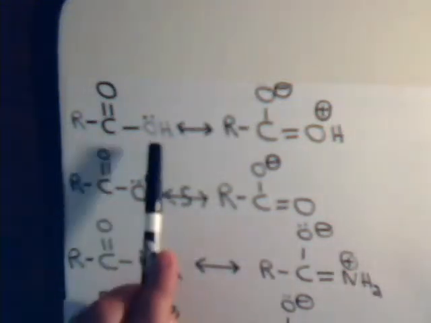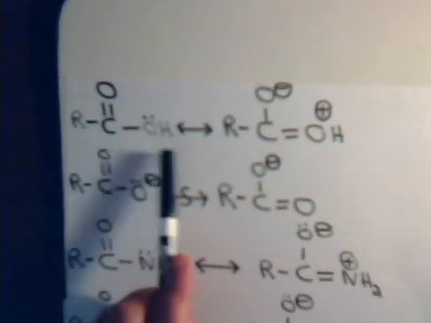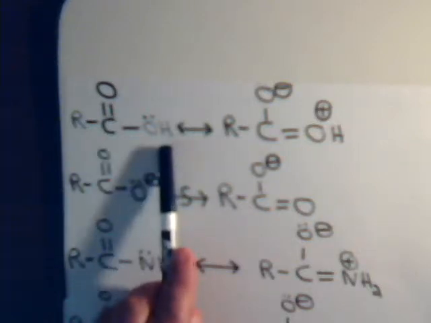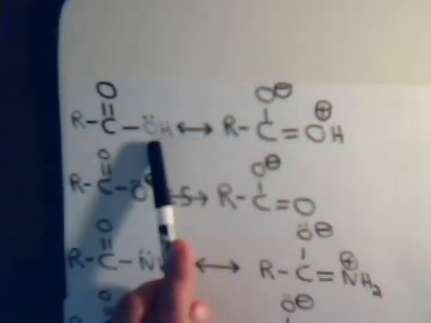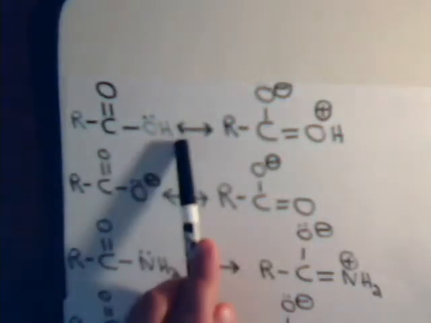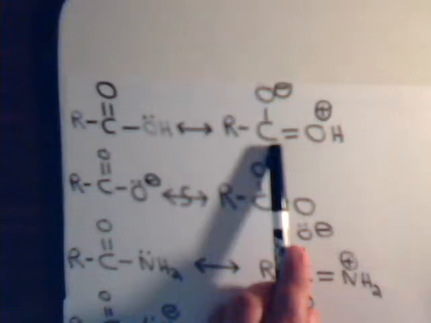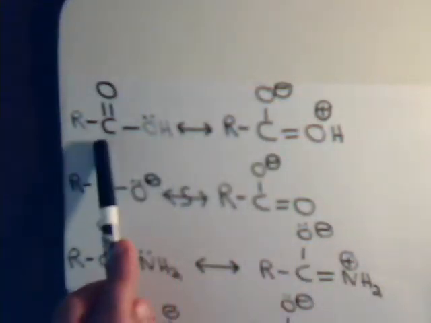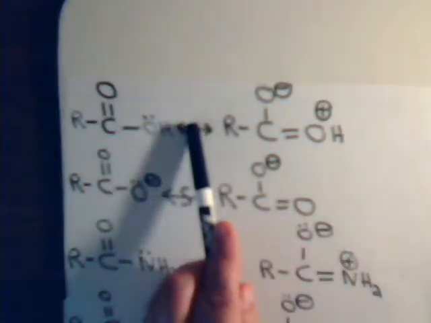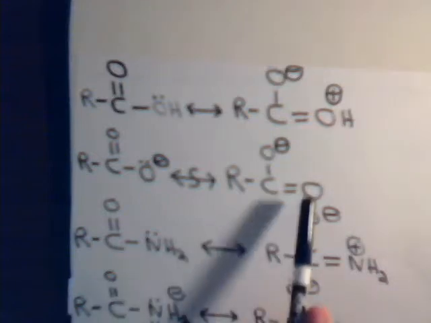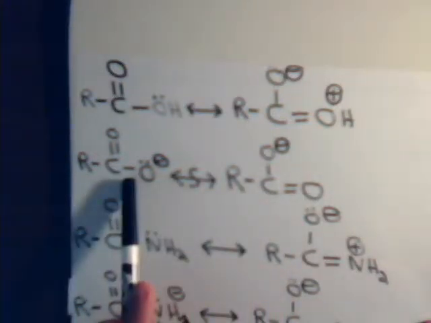So the original form of the carboxylic acid, the protonated form, it is somewhat stabilized. And of course, if it was stabilized strongly, say through resonance stabilization, then it would just be a very inert, stable compound. But in fact, when it loses the hydrogen to form this anion, the resonance here is so much more effective.